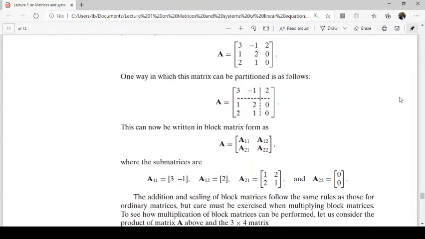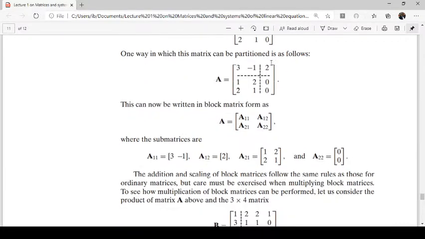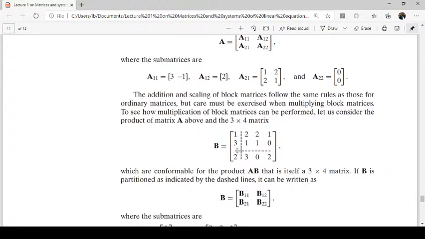Why? Because the number of elements in the row of A is equal to the number of elements in the column of B. So I can say the matrix multiplication of AB is conformable.